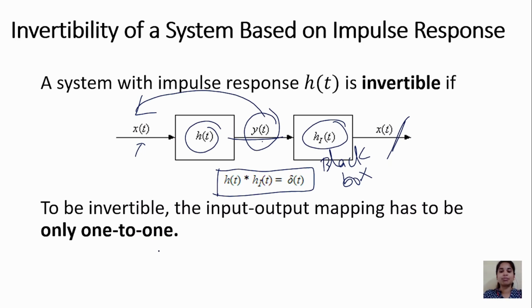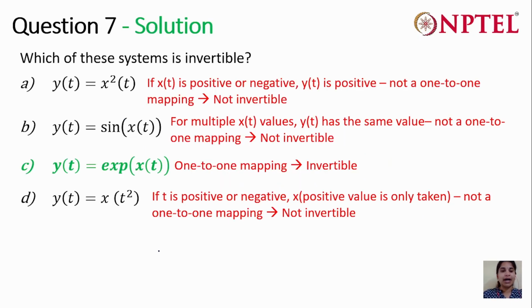Basically, the relation between input and output should be one to one. So for our question, if y of t is x square of t, whether x of t is plus x of t or minus x of t, y of t is going to be the same thing. y of t is still going to be positive.